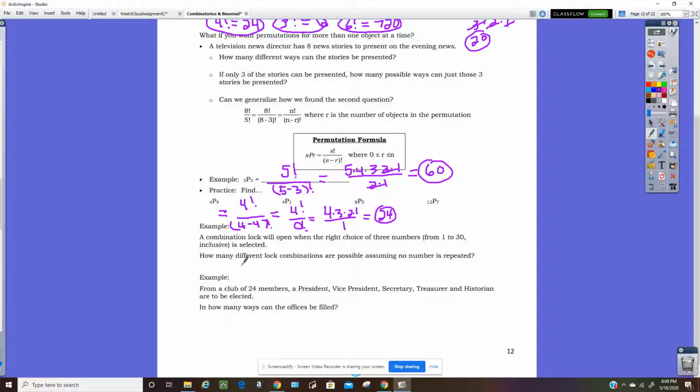So then you would have 3P30 or 30P3. So you have 30 factorial over 26 or 27 factorial.